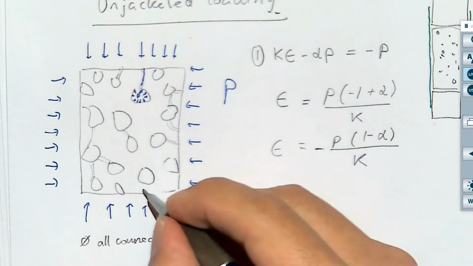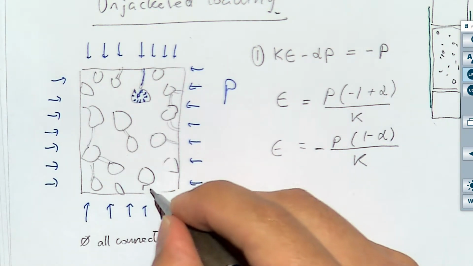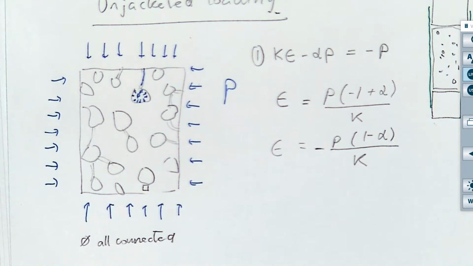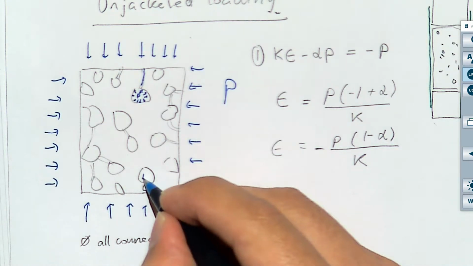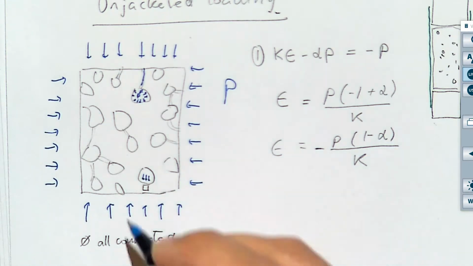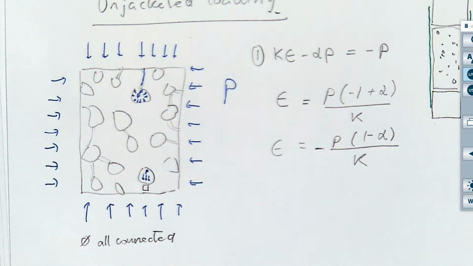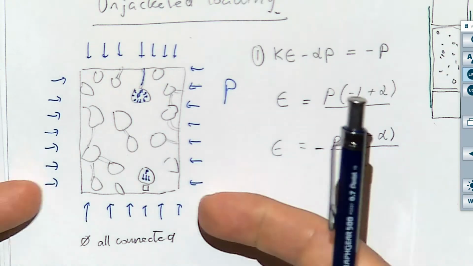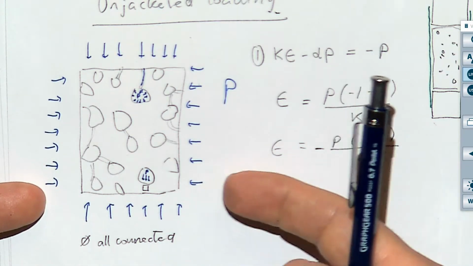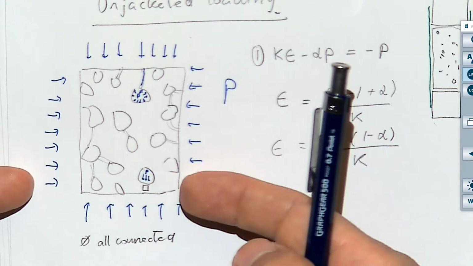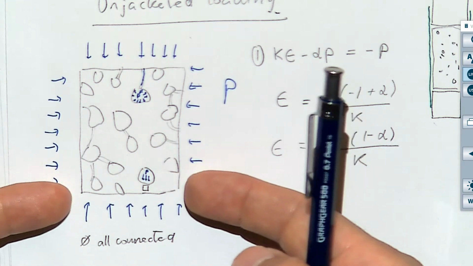If I were to select a piece of solid somewhere in there, let's say that on the bottom it feels the pressure from the fluid from outside, but on the top it also feels the pressure from inside, because the pressure in the pores is the same as outside the rock. And on the sides also we have a pressure that needs to go through this side and be balanced to the other side going through the solid.